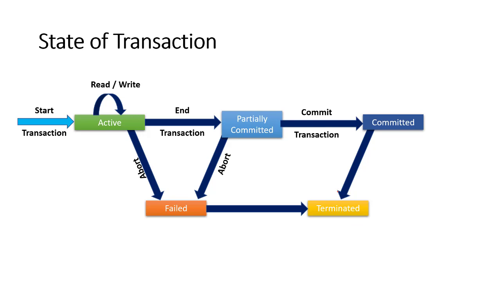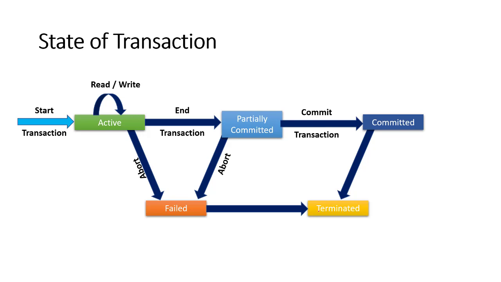So there are two different possibilities in case of a transaction. From active, we will move to the committed state, and from that we can terminate the transaction. Or if there is a breakdown in the active state, we will move to failed, or in the partially committed state, if there is a problem, we will move to the failed state, and then the transaction will be terminated.